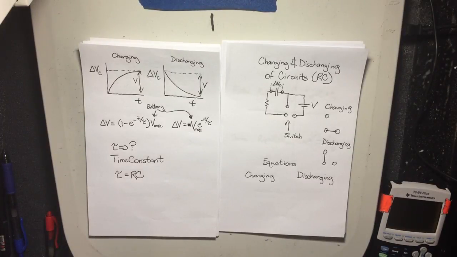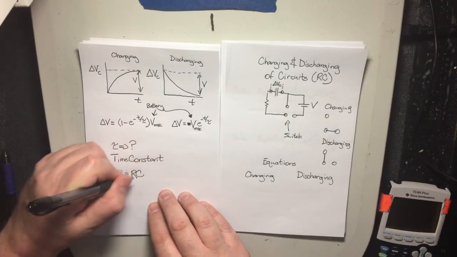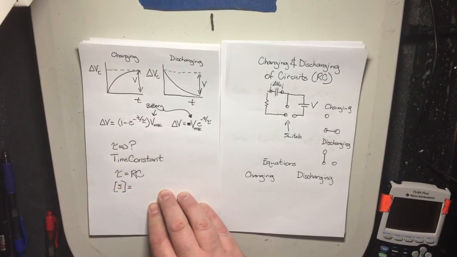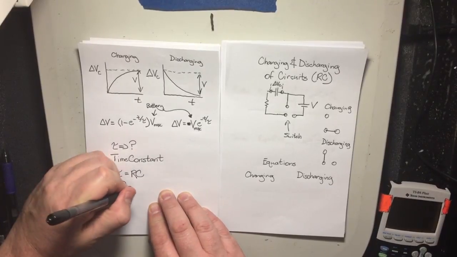It must be seconds as well, because the exponent has to be a number, which means the units have to go away. Much like coefficient of friction, you have to have a unitless value in there. So seconds are the units of the time constant.